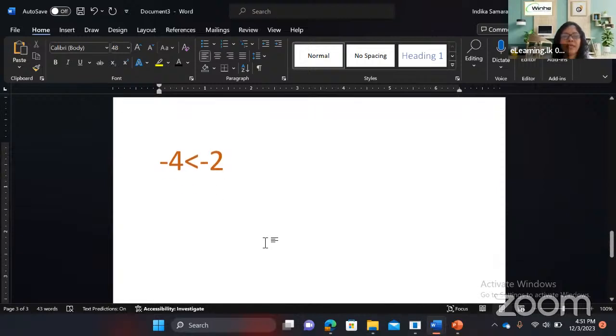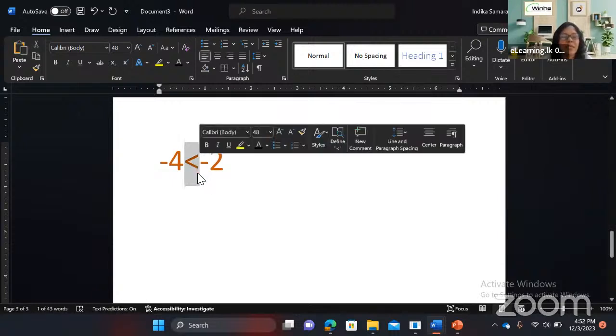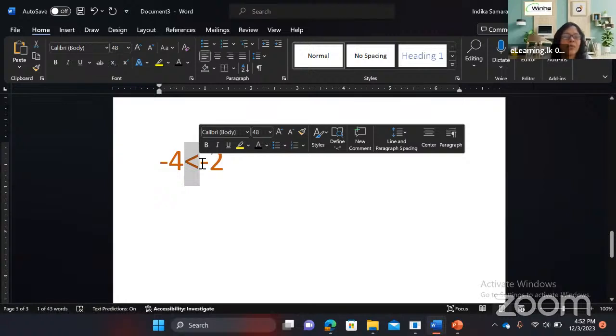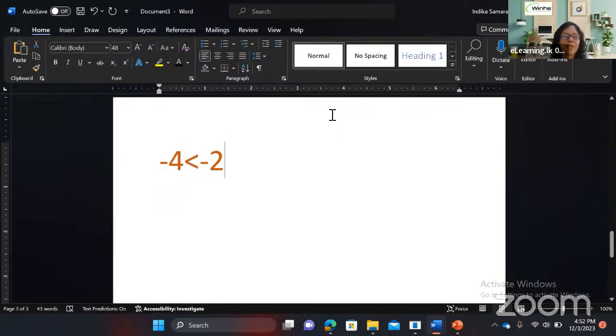That means if there is an inequality sign, when we do an addition or a subtraction, the inequality sign does not change. The notation we put, greater than or less than, does not change. But if you multiply or divide by a positive value, then the inequality sign will not be changed.